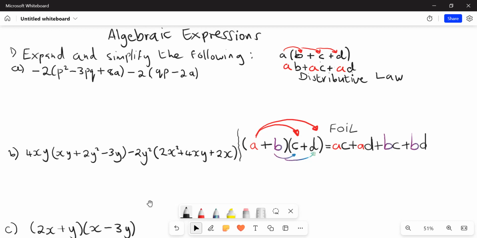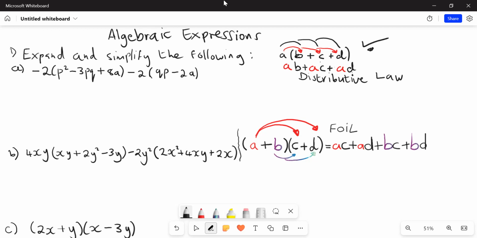So if you can check here on my right hand side, we have A, open bracket, B plus C plus D. So we've multiplied A and B, we got AB, and then A and C, we got AC, as well as A and D, we got AD. So we need to apply the same logic on these problems. So without waste of time, let's start.